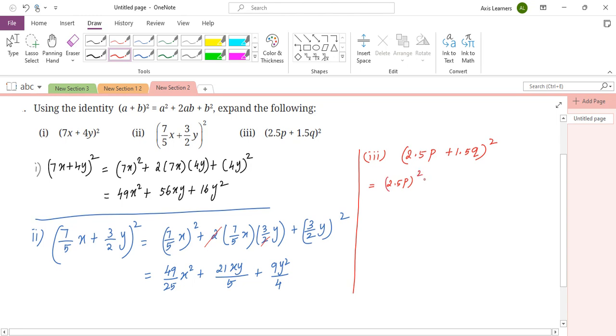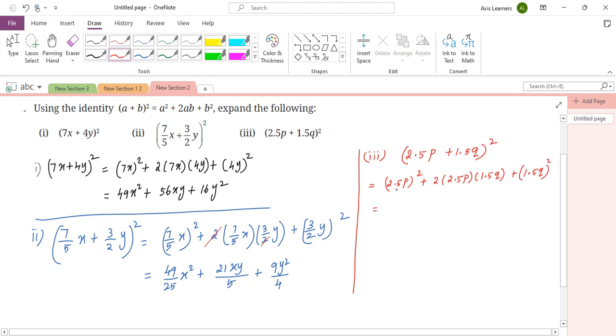2.5p the whole square plus 2 into 2.5p into 1.5q plus 1.5q the whole square.